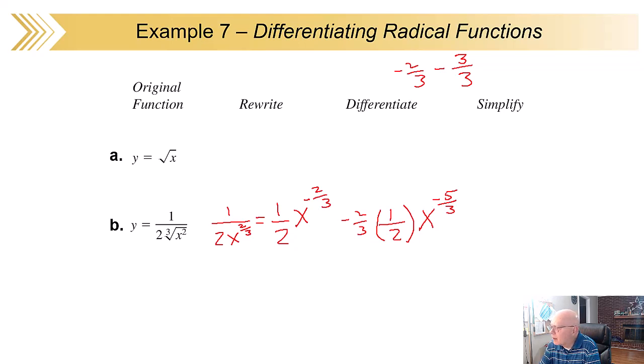Okay, we've got a negative times a positive. We've got a negative. These 2's will reduce. So I've got 1/3. Now this x has a negative exponent, so the x to the 5/3 will be in the denominator. And then we'll simplify it a little bit. 1 over 3.